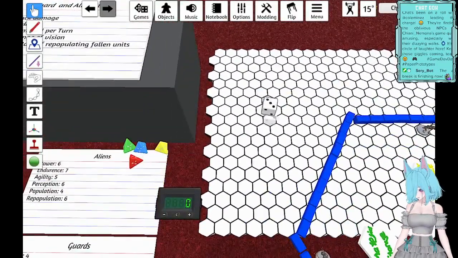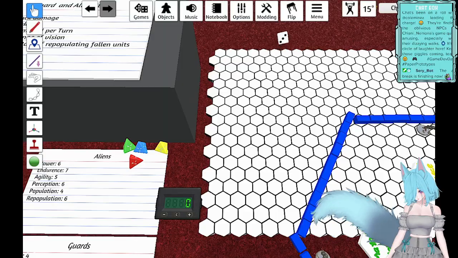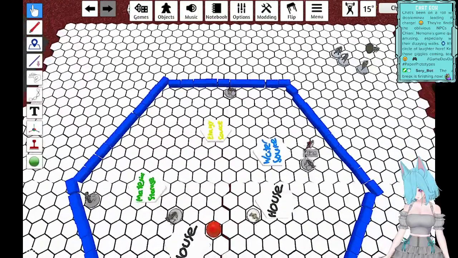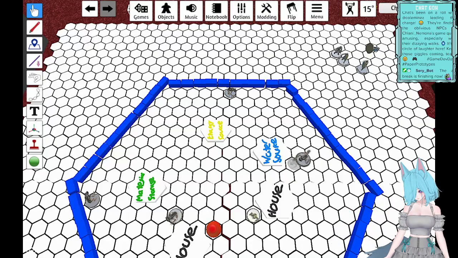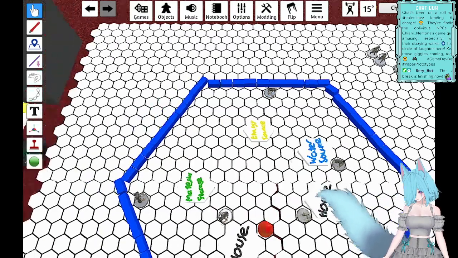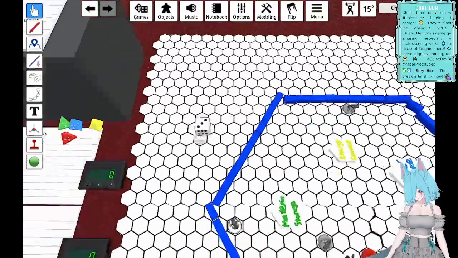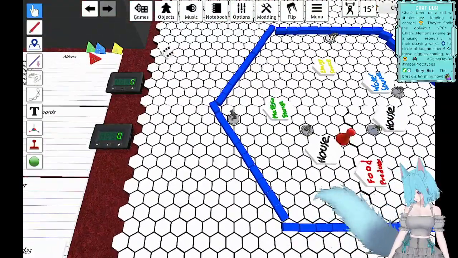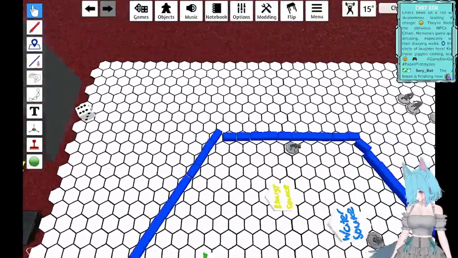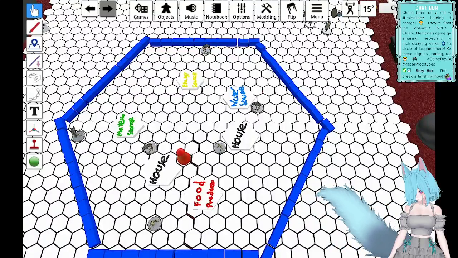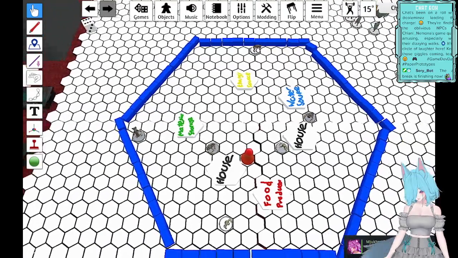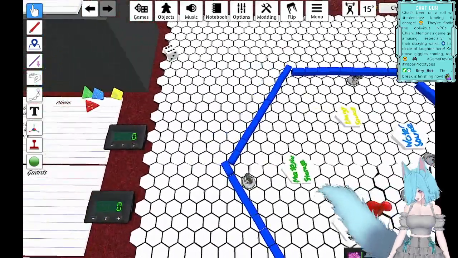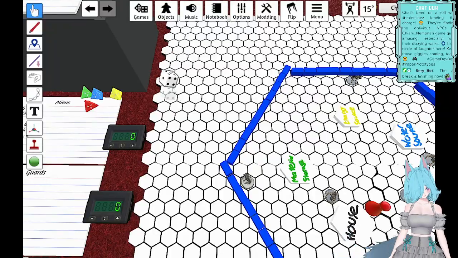He sees too much, so let's see where he goes. 1, 2, 3. Yeah, that's fair. This is a hard alleyway to navigate, though, for the aliens, so let's see if we can do it.